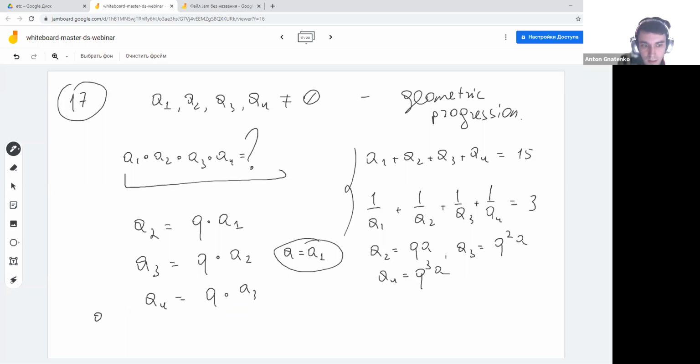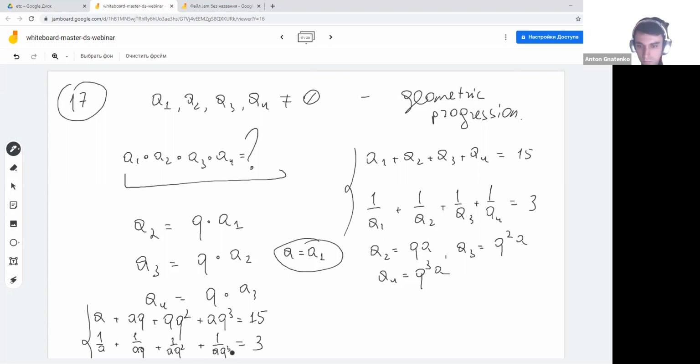It says that A plus AQ plus AQ squared plus AQ cubed is 15, while 1 over A plus 1 over AQ plus 1 over AQ squared plus 1 over AQ cubed equals 3. Okay? I'll just remove this because this was part of the explanation, so I obtain some more free space.